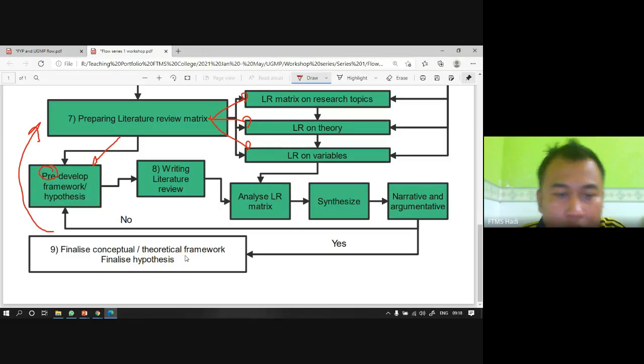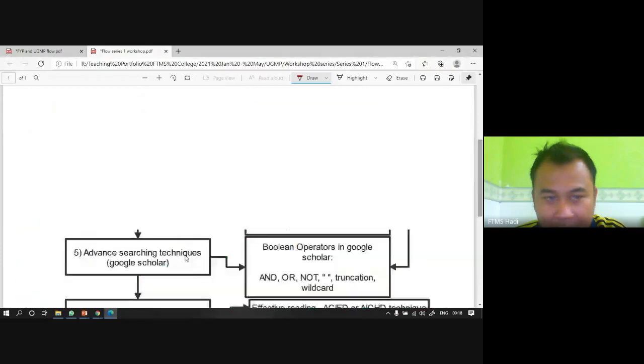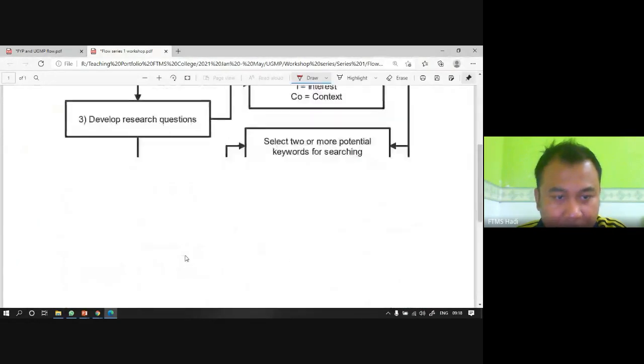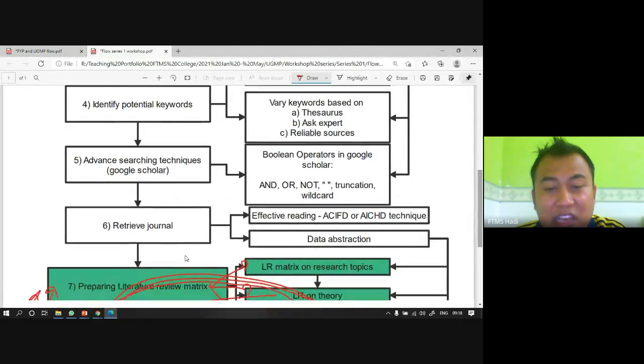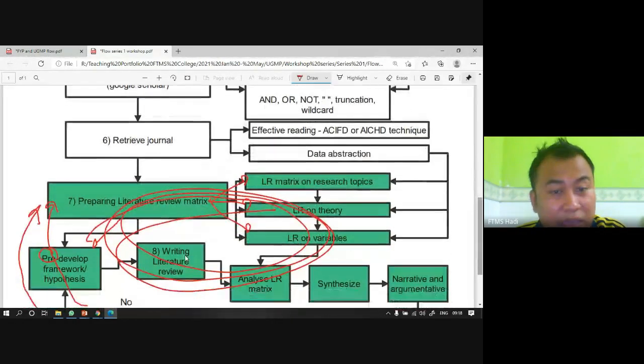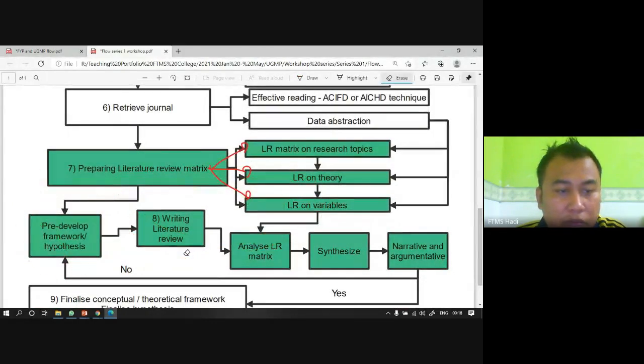But if no, you go back to process number 7. So it is a recurrent process on and on. But for process number 1 until process number 6, you don't have to do much, because you already have the topics, you already have the ideas on what's going on.